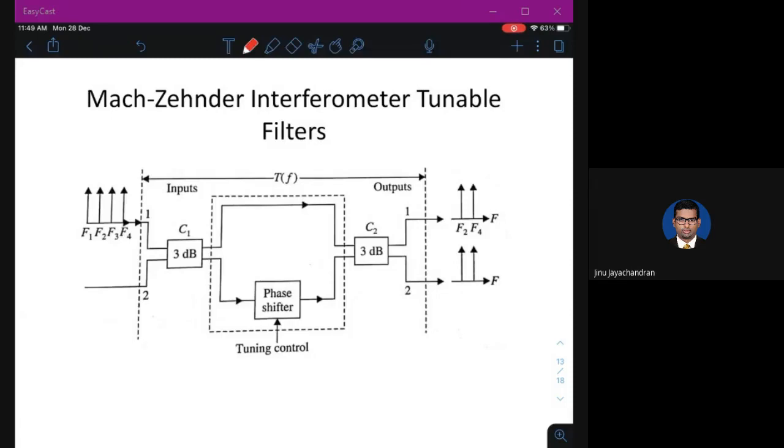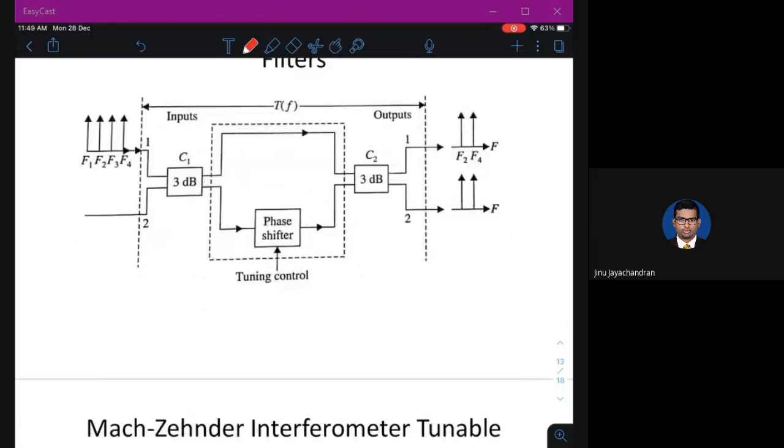The Mach-Zehnder interferometer is something like this. So there is an input here. Okay, it comes here. There's a mirror here. There's a mirror here. There's a mirror here. And there is a receiver. So this is receiver 1. And there is another receiver, which is here, receiver 2.